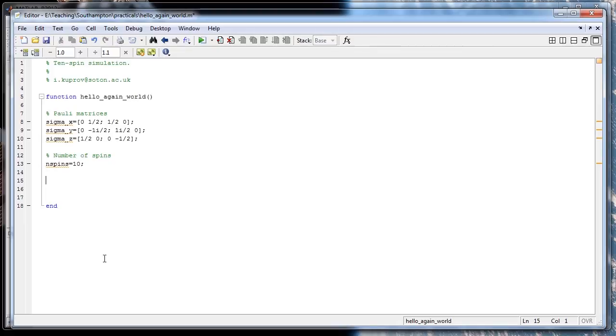Now, as it happens, the software support, including in MATLAB, for three-dimensional arrays is pretty poor. And in particular, what's not supported is three-dimensional sparse arrays. And because we will be moving into sparse matrix algebra later in this lecture, we cannot actually just stack operators in the third dimension.